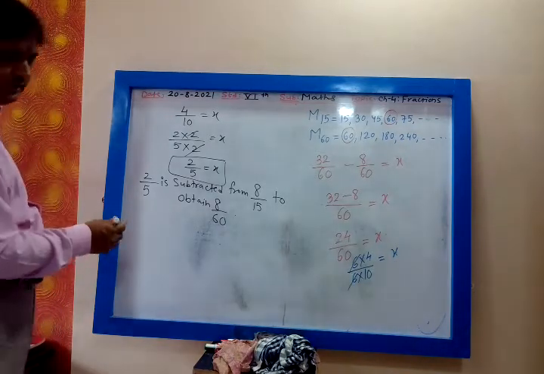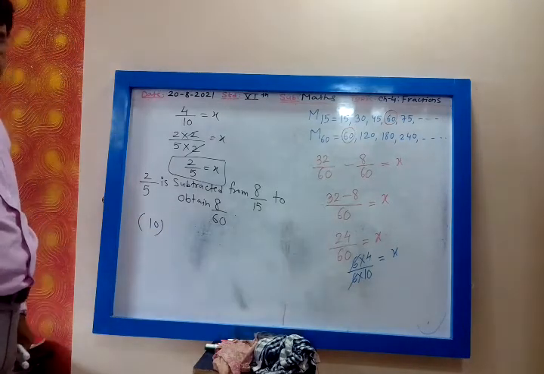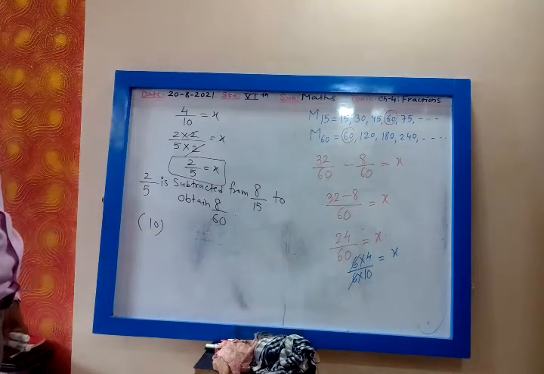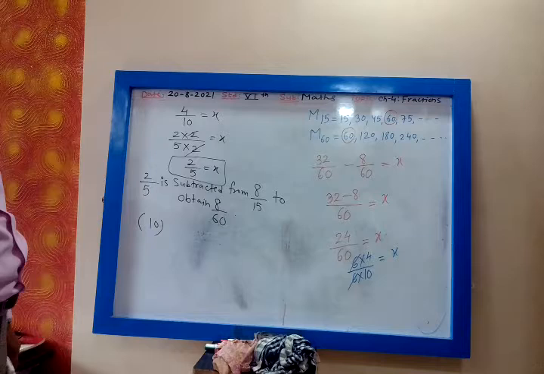Then the 10th question. The difference of two fractions is 13 upon 30. If the smaller fraction is 5 by 6, find the bigger fraction.